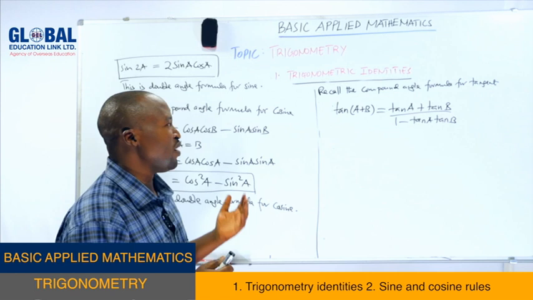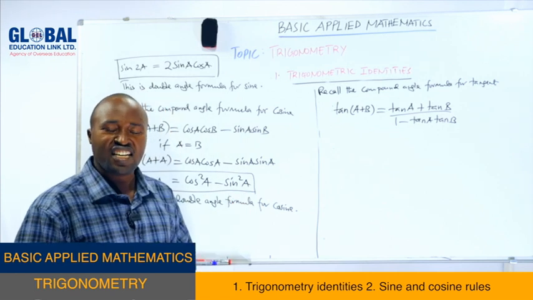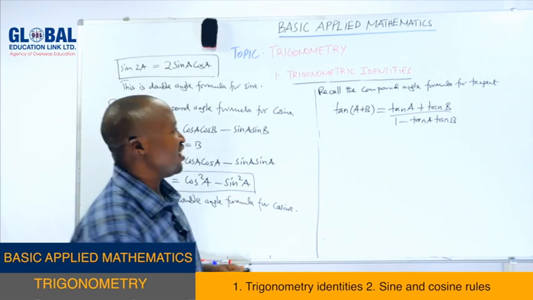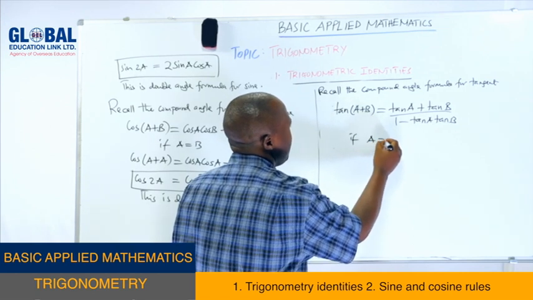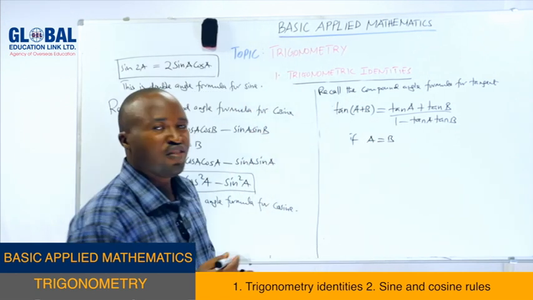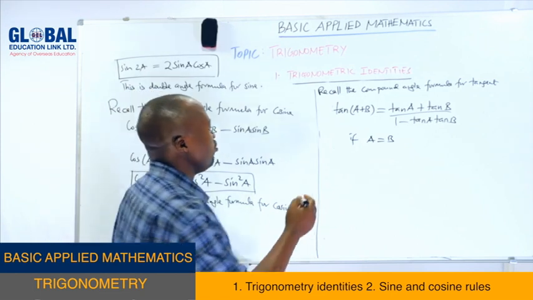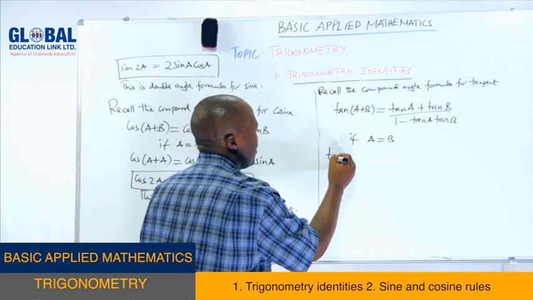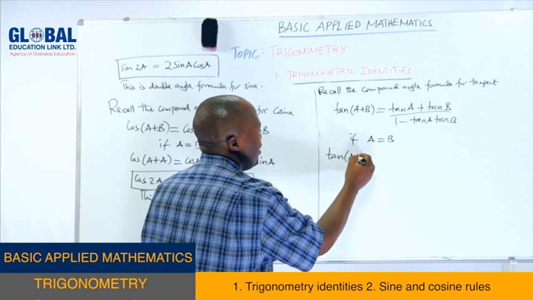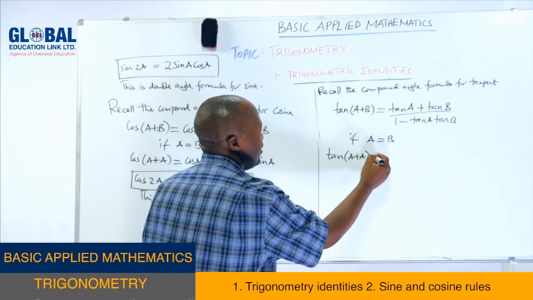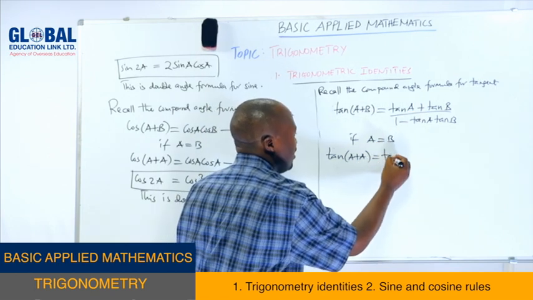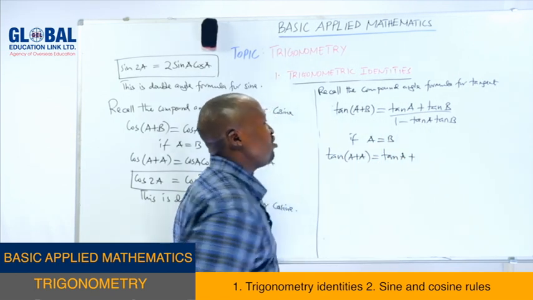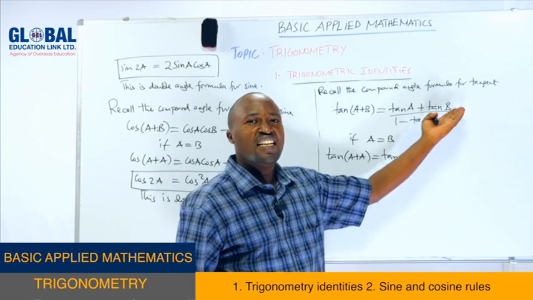Now we are going to apply the same concept as we did in sine and cosine. That is, if A is equal to B, we are going to have tan A plus A equal to tan A, no problem, but the second one will change, it will be tan A. Why?